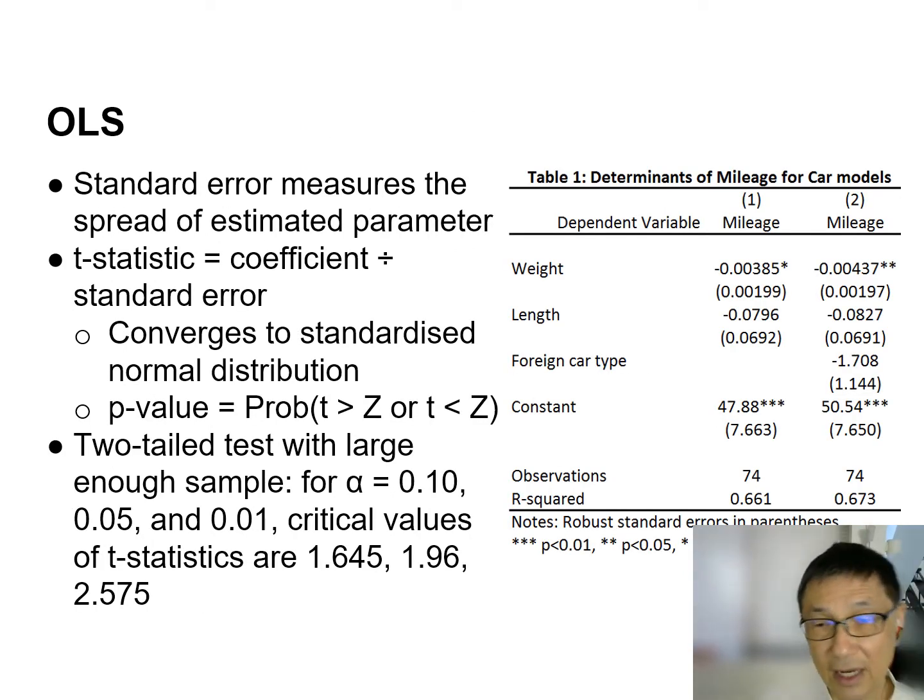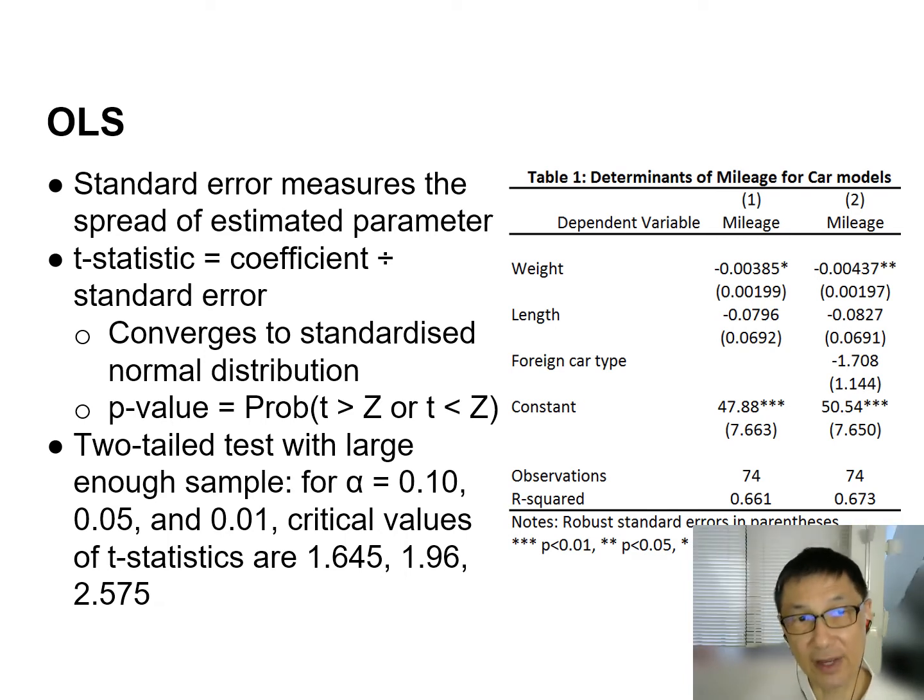In presenting the previous slide, I referred to a statistic to measure the precision of the estimate. That statistic derives from the standard error of the estimate and the estimate itself. It is called the t-statistic, which is defined as the estimated coefficient divided by its standard error.